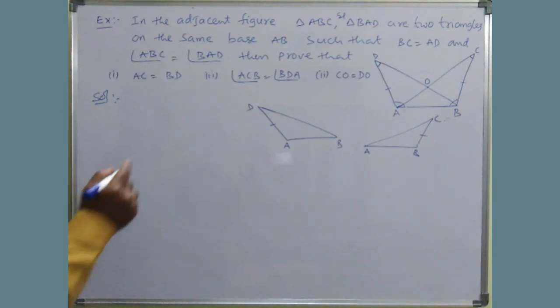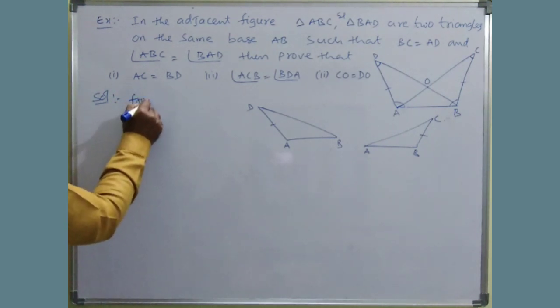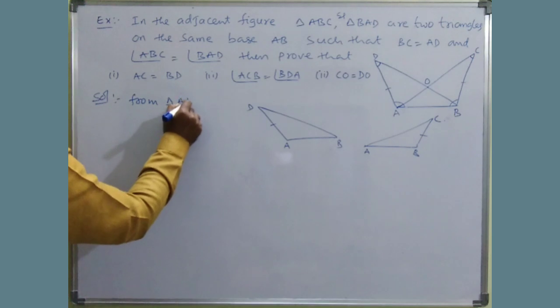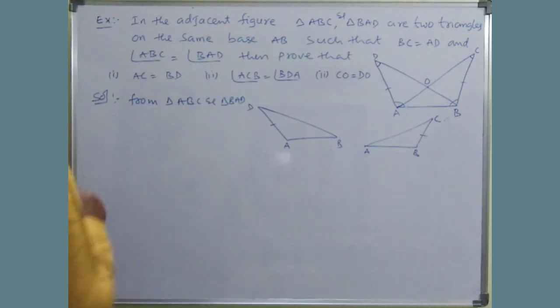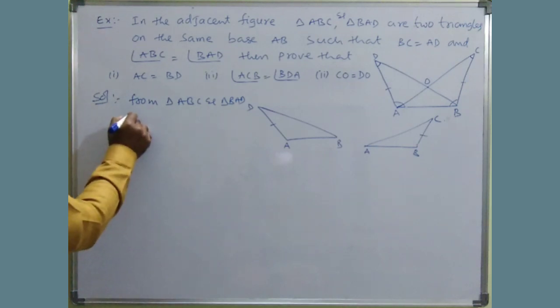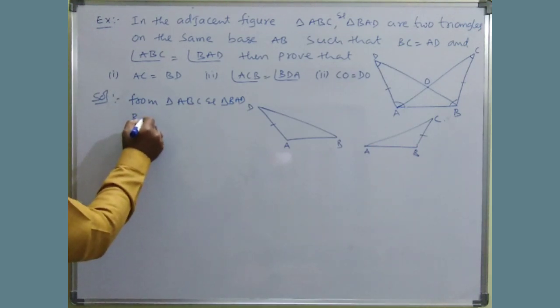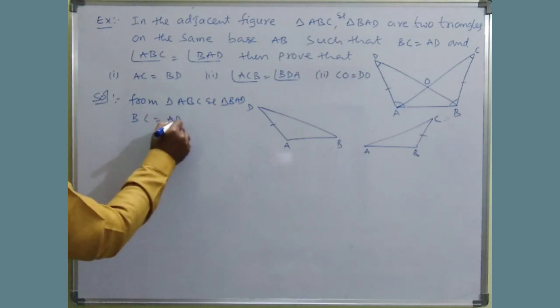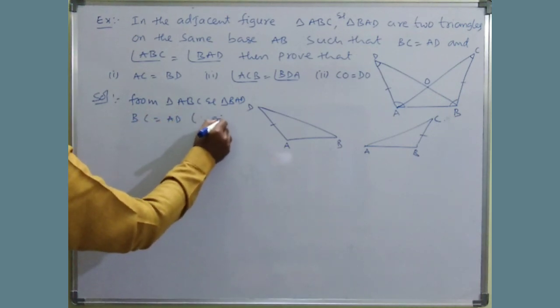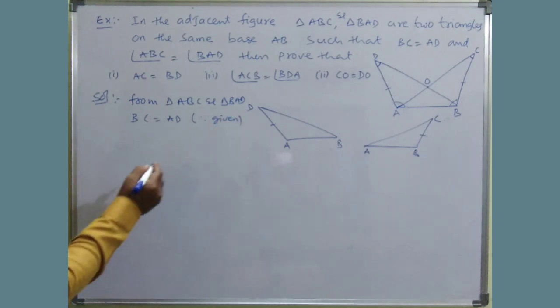And look at me. So from triangle ABC and triangle BAD, what can we write? BC is equal to AD, which is already given. Okay.